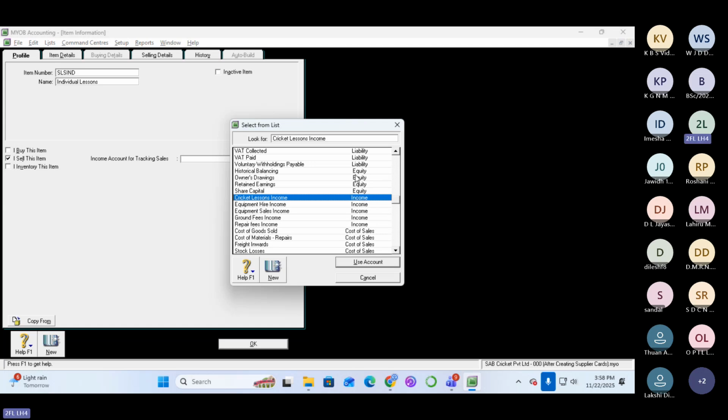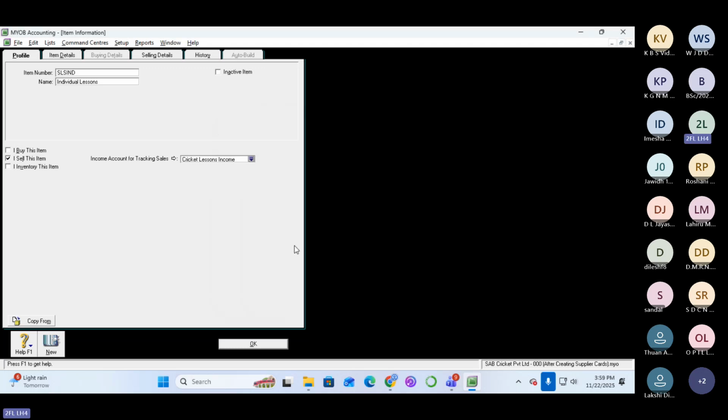The account type you can see from the right side, and on the left side you can see the name of the account. Select cricket lessons income account. Click on the use account button. Right, so you have selected it.